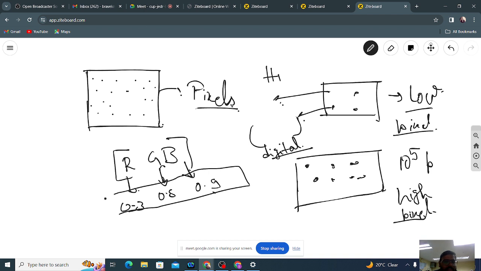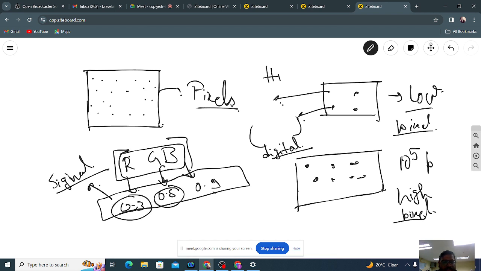So all these values are the signal values for you. You are representing the whole pixel with a particular 3-dimensional plot, each of which has a particular digital value, and this whole pixel is a signal for you, and these pixel values are getting transmitted. So that is how you can represent a particular image in a digital system.